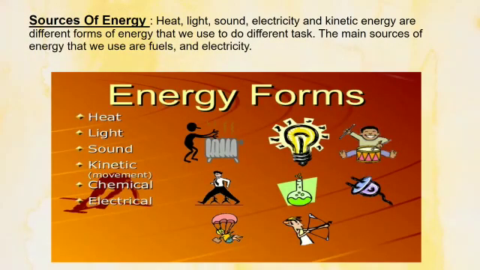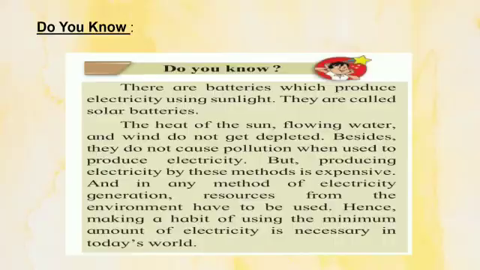Sources of energy. We use various forms of energy such as heat, light, sound, electricity and kinetic energy to do different tasks. In today's world, our main sources for all these forms of energy are fuels and electricity. To produce electricity, many power stations use fuels. There are batteries which produce electricity using sunlight. They are called solar batteries.